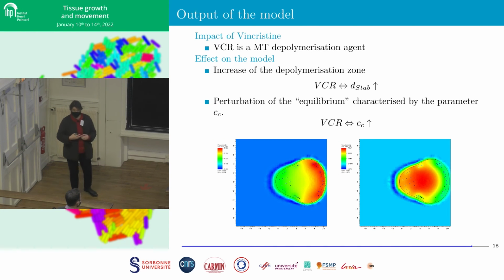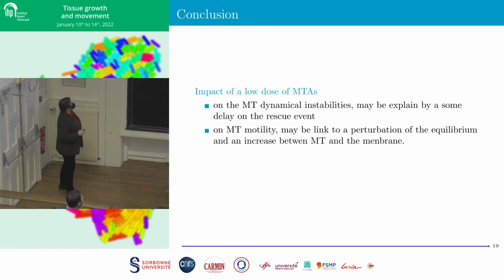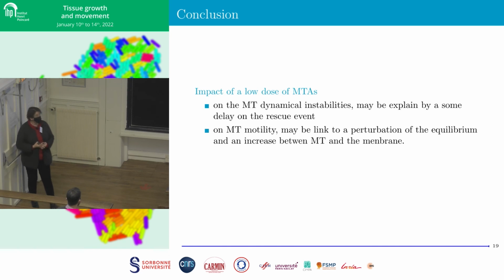So we decrease the speed, so we increase the CC, and we can look at the resulting data. So to conclude, I showed you in two types of example how to take into account a low dose effect of MTAs.